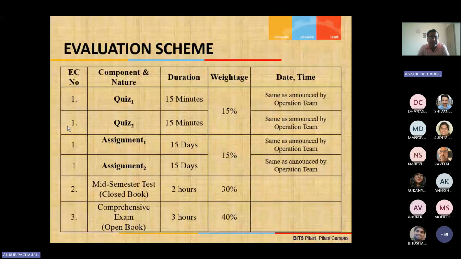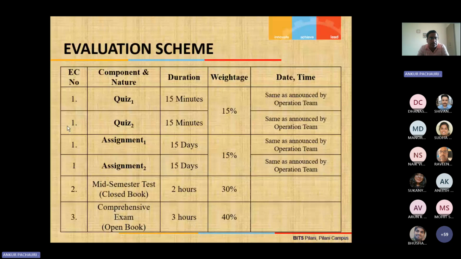Unless some urgency happens, we will not deviate from the mentioned dates. 99.9% of the time we will follow the schedule which will be announced to you. Quizzes will be available for I think 1 day.